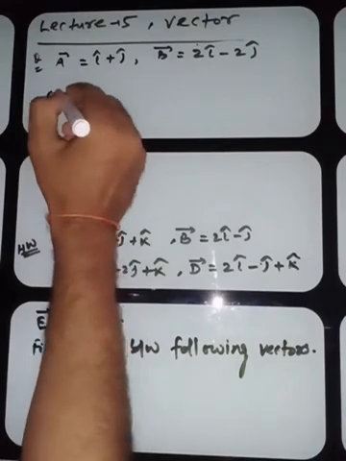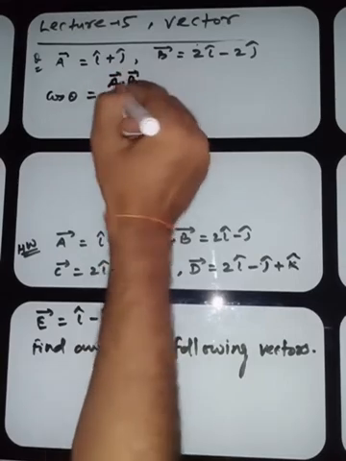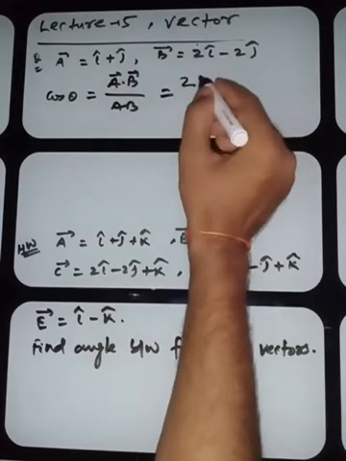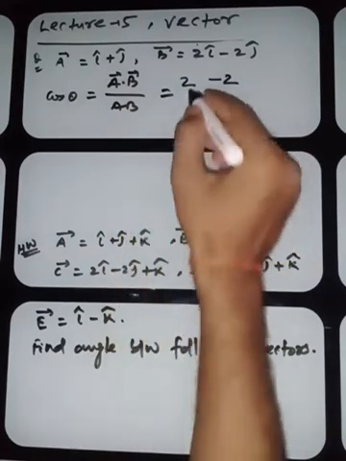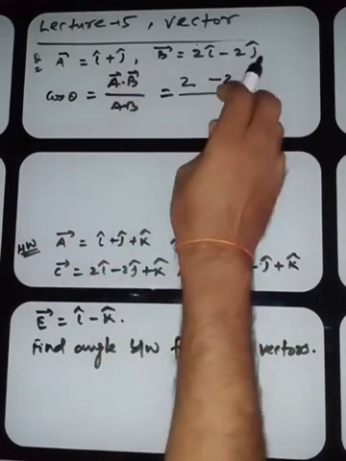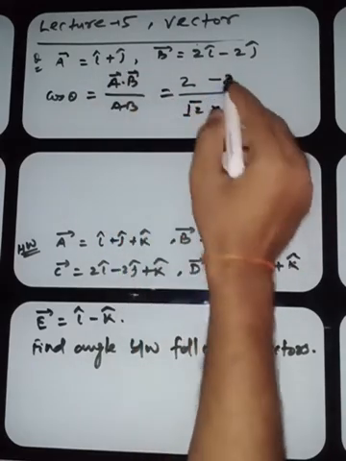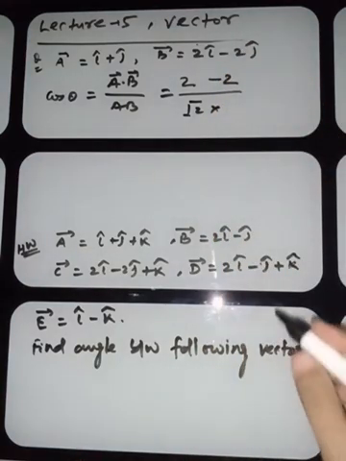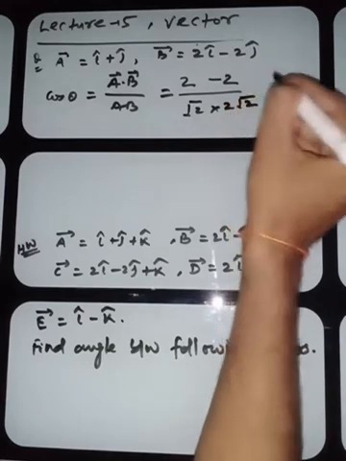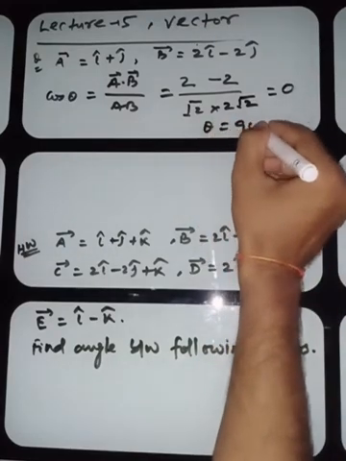So cos theta will be a dot b divided by ab, and a dot b is 2 minus 2, divided by the magnitudes: root 2 into root 8, that is 2 root 2. Whatever it may be, this is 0, so theta is again 90 degrees.